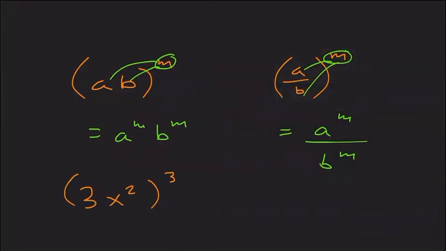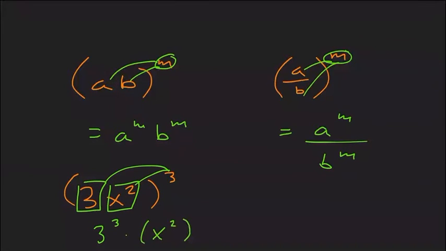And this is maybe getting a little bit trickier here. We have one thing being multiplied with another thing. So we know this 3 needs to go to both things on the inside. So we're going to have 3 cubed. And it's still multiplication. And we're going to have x squared to the third power.